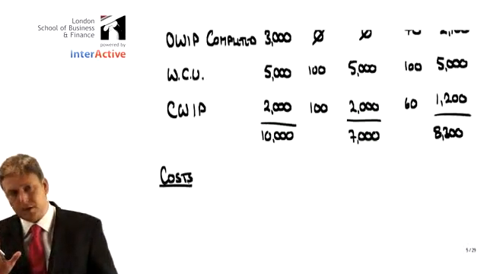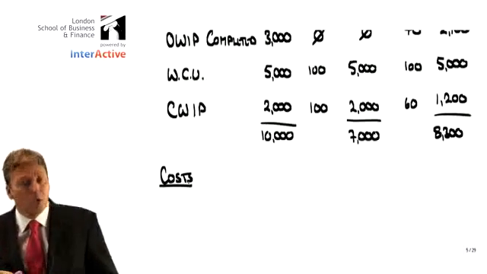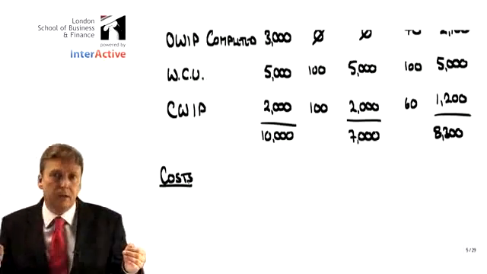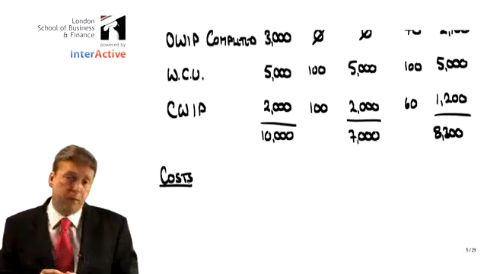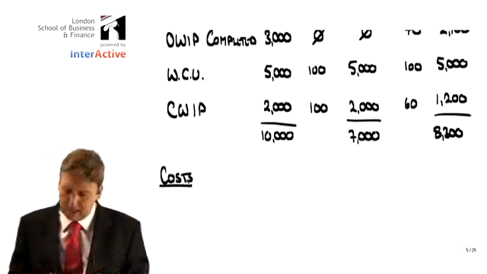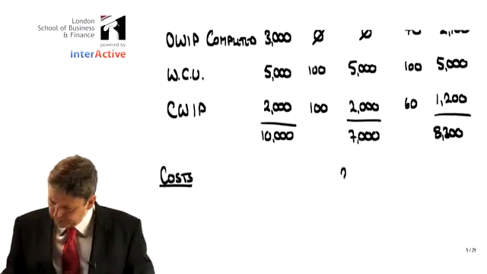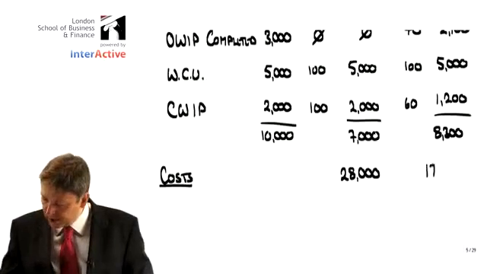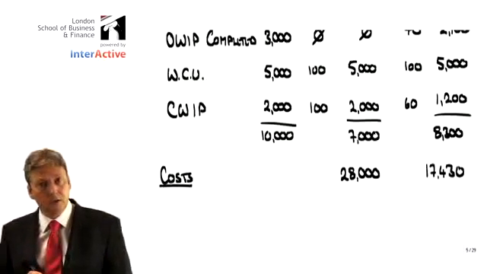If we're considering the costs, which costs must we look at? Well, of course, we're only looking at the work done during the present period. And if we're only looking at the work done for this period, we only want the costs for this period as well. Simple as that. We said something like the costs were 28,000 during the period for materials and something like 17,430 for the conversion costs.